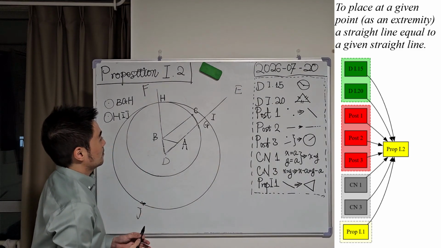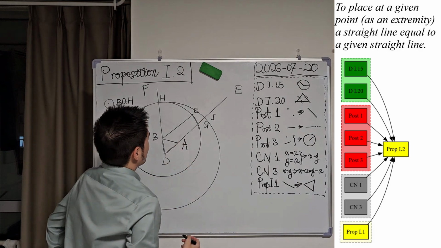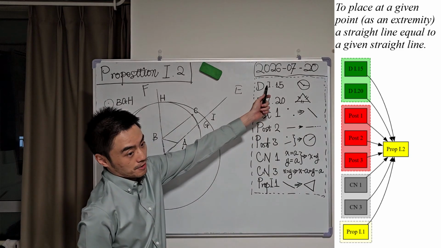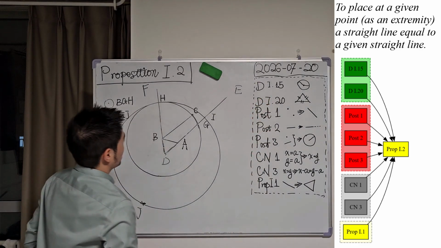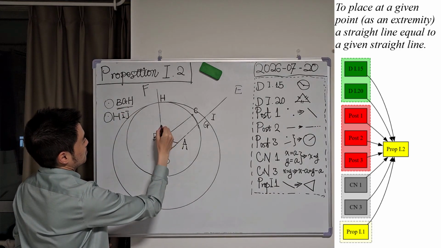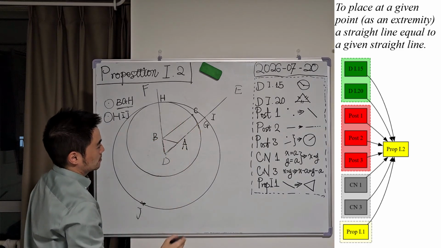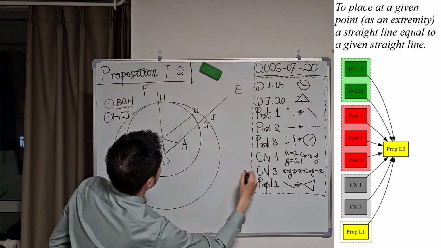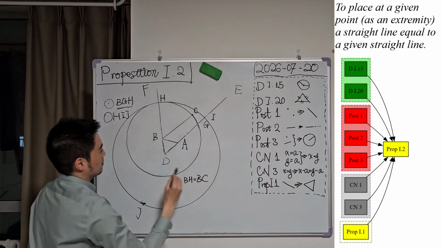And let's prove we have constructed the straight line. Okay, so please recall the definition of a circle. In a circle, all of the radii are equal to each other. So in this circle, we have BH is equal to BC, right?